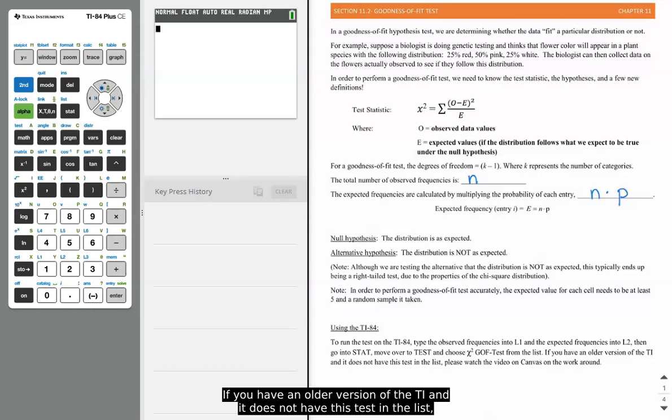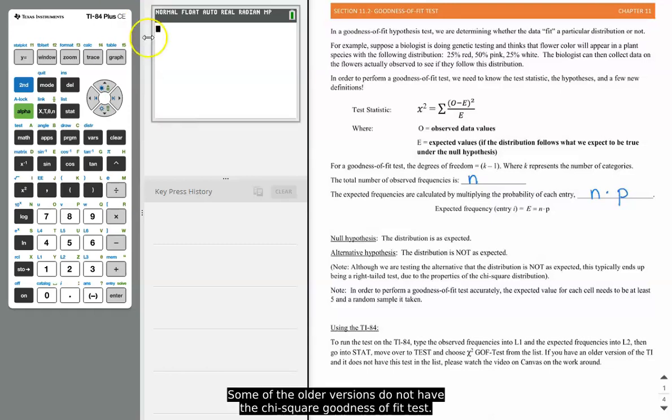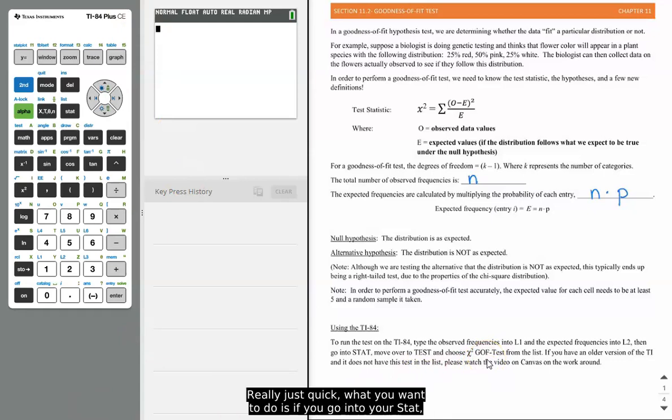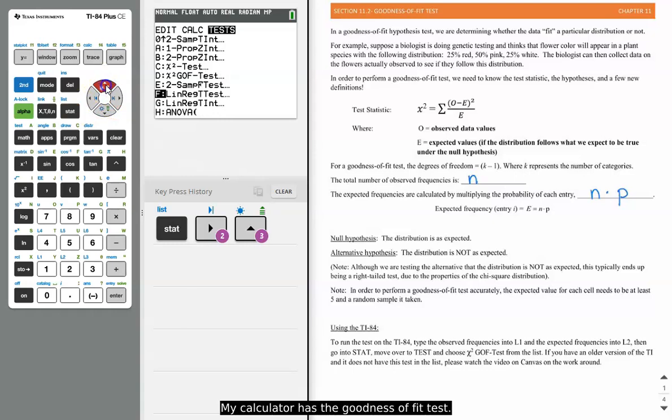If you have an older version of the TI and it does not have this test in the list, please watch the video on Canvas on the workaround. Some of the older versions do not have the chi-square goodness of fit test. So really quick, if you go into your stat, we won't enter any data here, but go to test, and then I'm just going to scroll up. My calculator has the goodness of fit test.